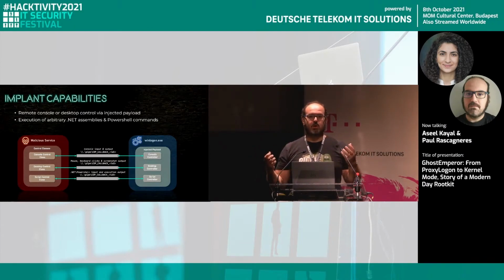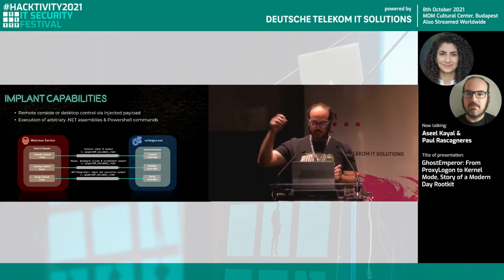So when the attackers ask to execute a specific command, the communication between the service and the C2 server is done, saying, I want to execute this command. At this time, the console payload is injected inside winlogon.exe, and they use a name pipe to say, okay, I want to execute this command. The command is executed, sent back to the name pipe, and sent back to the attackers. So that's the global design of the communication, and it's the same thing for each module.